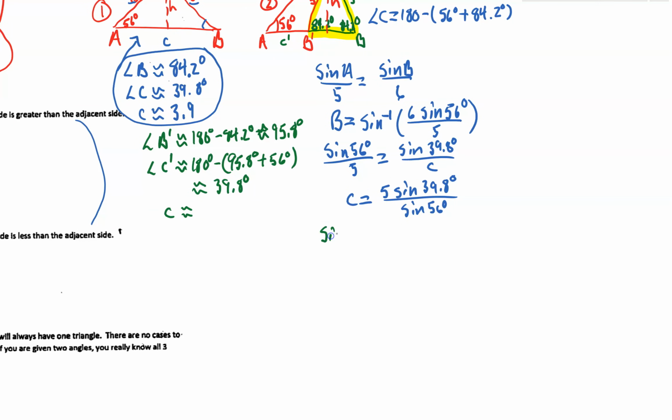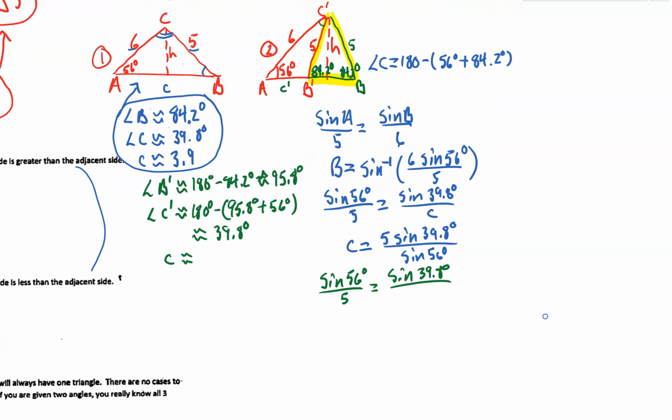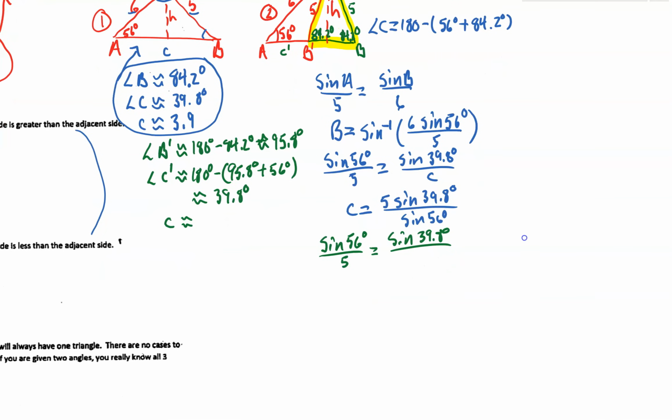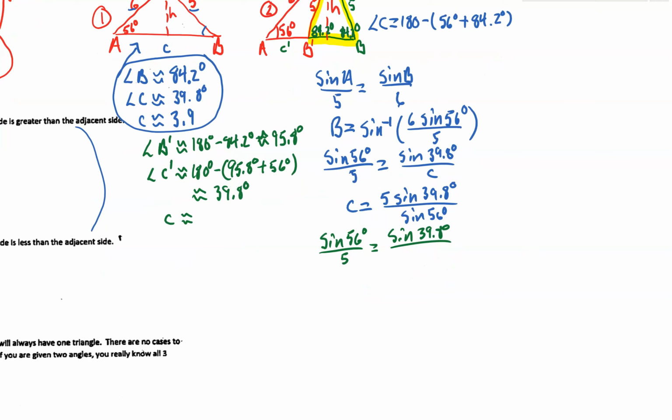This says sine of A, which is 56 degrees, over 5, has got to equal the sine for this one, which is 39.8 degrees, over little c.